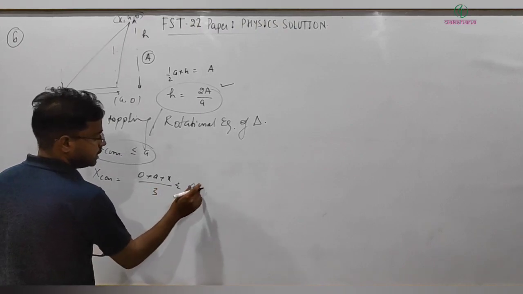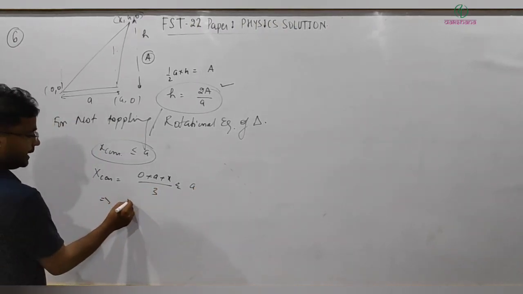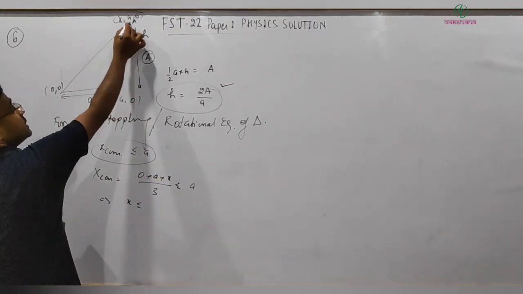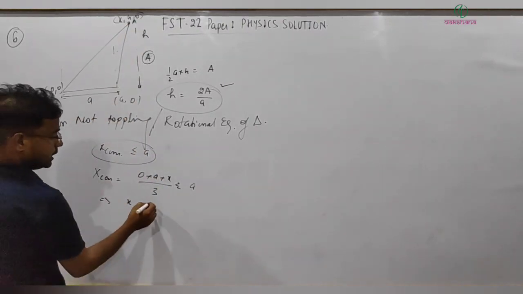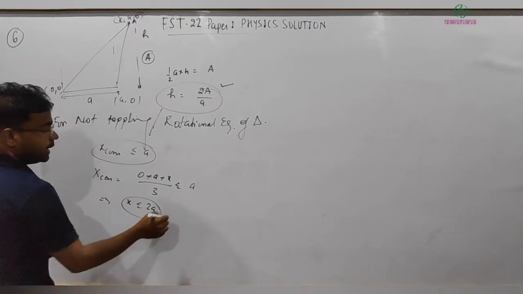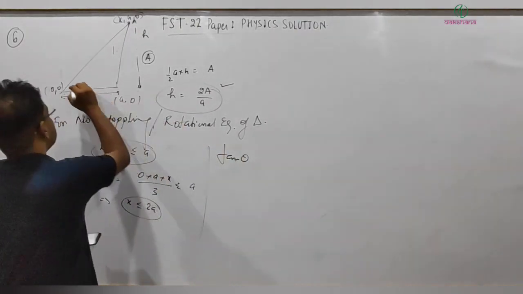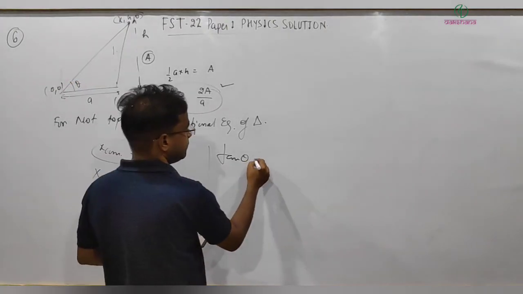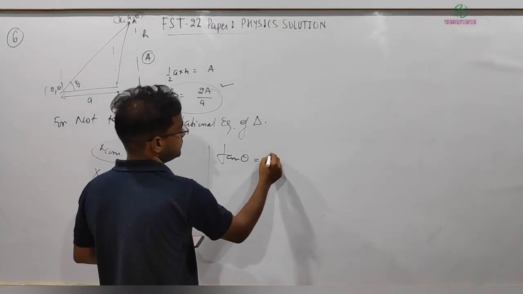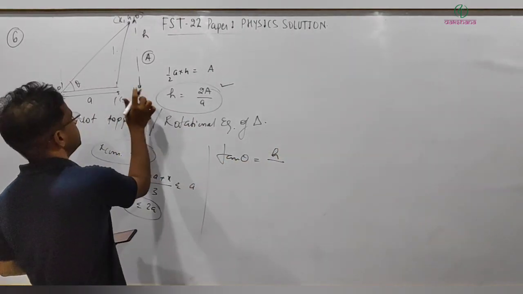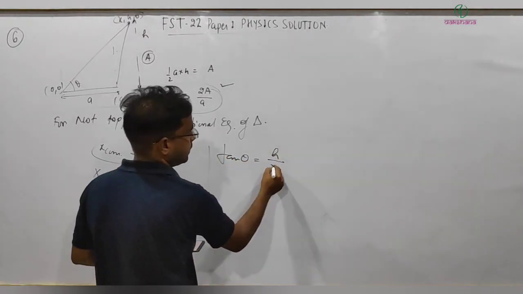And x of center of mass can be written as 0 plus a plus x divided by 3, must be less than or equal to a. So this implies x must be less than or equal to 2a. Remember, this is the coordinate of this point. And then I can write tan theta is equal to what? This is the angle theta. Tan theta will be equal to height h divided by this distance, that is equal to x.